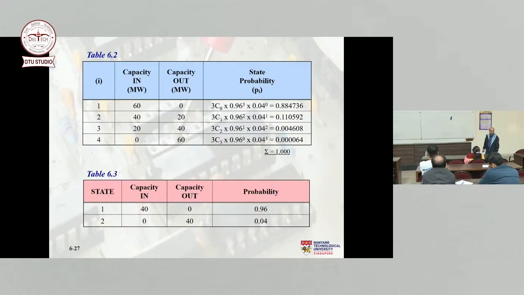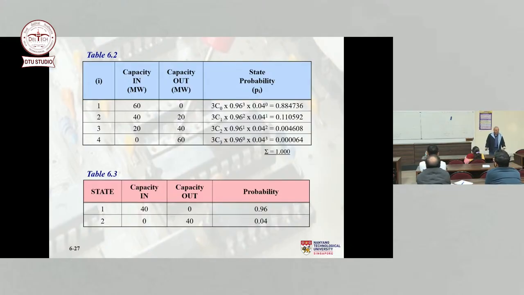And if I'm in this state for this table, but in this state for the other table, the capacity available is 60 plus 0. Capacity is very easy, add the 2. But what about the probability? If I am in this state for the first table and in this state for the second table, then the total capacity available is 60 plus 40. But what is the total probability?